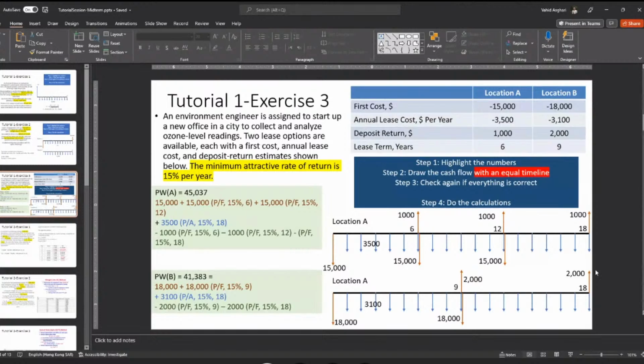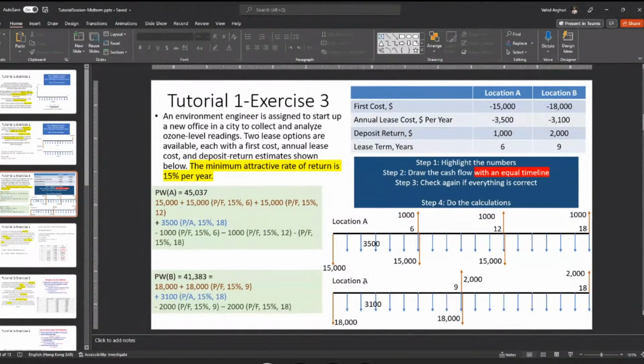So let's do the first one. The first cost is 15,000, annual cost 3,500, deposit return 1,000 for 6 years. We copy this type of cash flow exactly 3 times, so here we have 18 years.